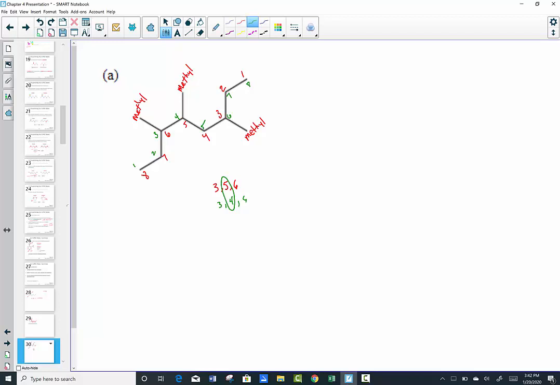So that's going to win, isn't it? These are all trimethyl. So at carbon 3, 4, and 6, separate numbers by commas, numbers from words with a dash. So 3,4,6-trimethyl octane.